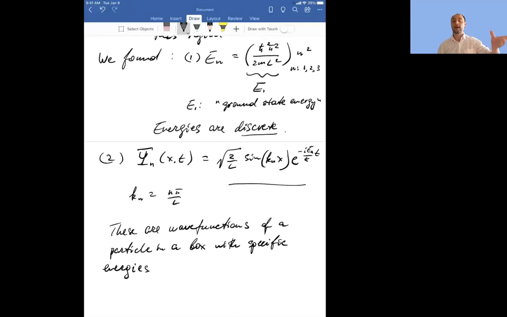Meaning if you were to measure the energy of a particle in a superposition, for example, of psi1 and psi2, then you might get energy 1 or energy 2 with certain probabilities. We will do more of that later when we discuss superpositions. We've already had some exposure to superpositions, and we will come back to it.